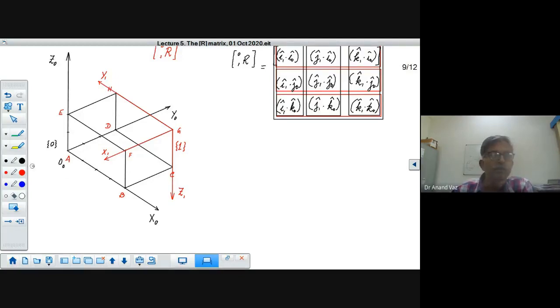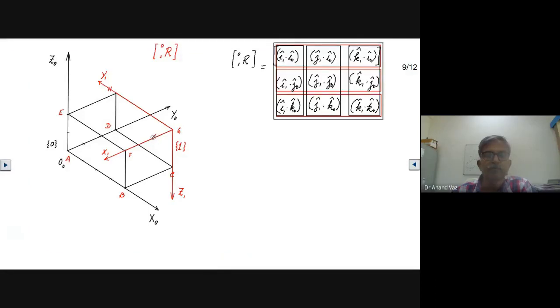This is going to be the unit vector I1. This is K1. And naturally, this is going to be J1.